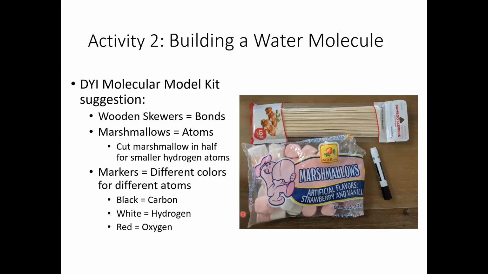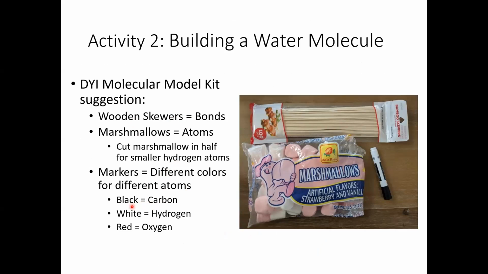If you wanted to build a water molecule, here's a way you could do it yourself. It is basically using wooden skewers to represent the bonds and marshmallows to represent your atoms. You could cut your marshmallows in half for smaller atoms such as hydrogen, and then you could use different colors.